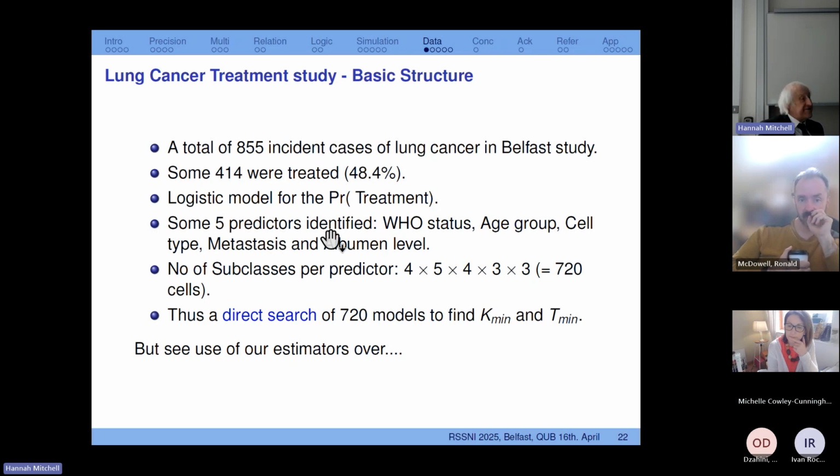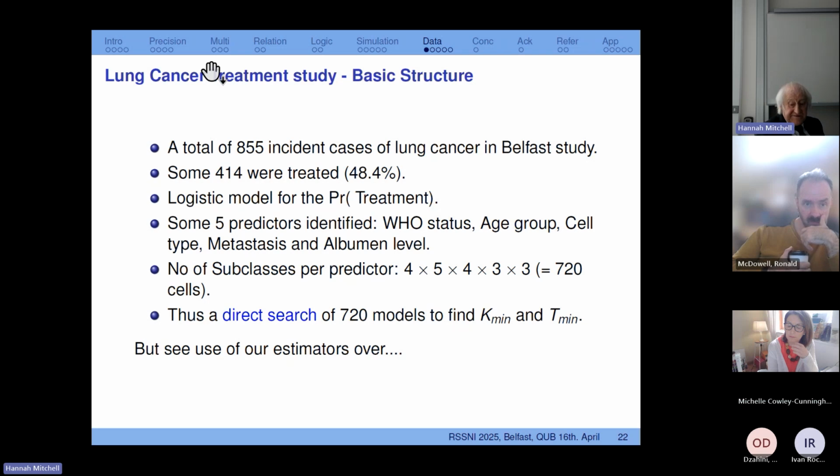There were 5 predictors identified: performance status, age group, cell type, metastasis, albumin level. And here are the number of subclasses per predictor: 4 by 5 by 4 by 3 by 3, 720 cells. Thus, a direct search of 720 models is required to find K-min and T-min.